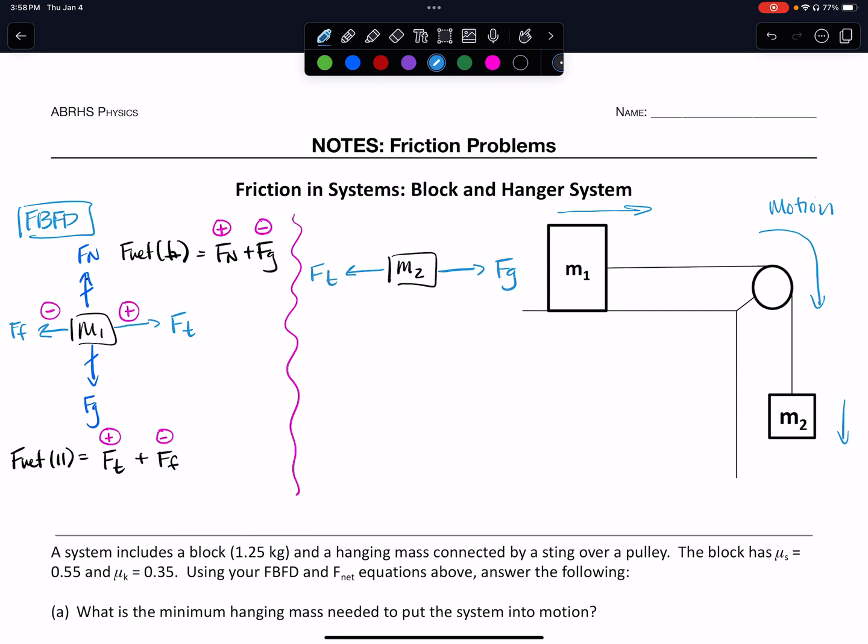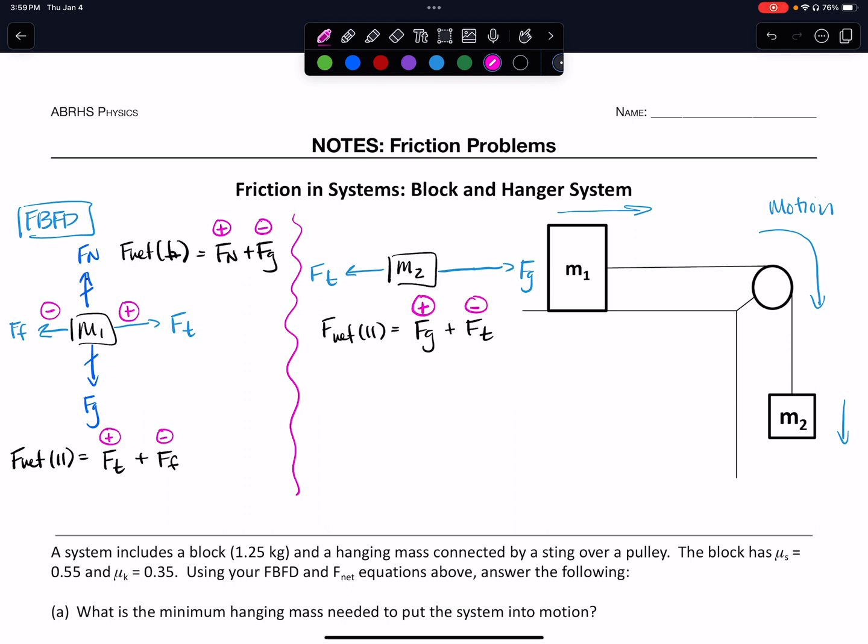Let me make this a little bit longer because I know that that gravitational force is greater. Now I only have one F net equation for this particular object because it only has one set of forces. So we're going to have a gravitational force versus the tension force, and as I have drawn it, that gravitational force will be positive and the tension force will be negative.